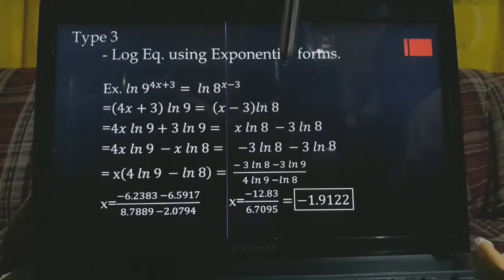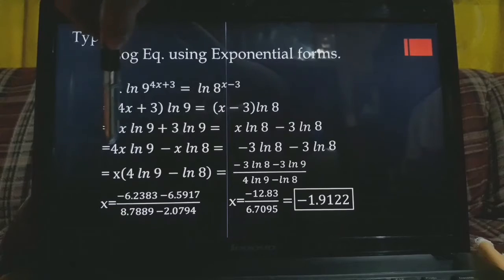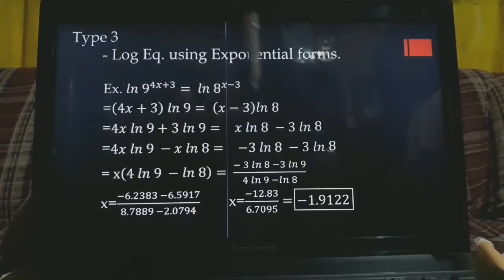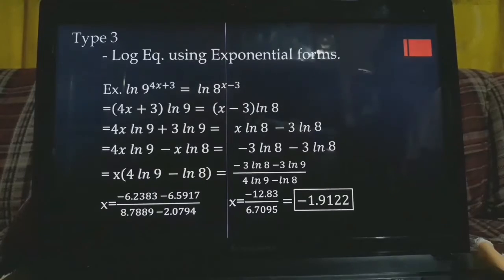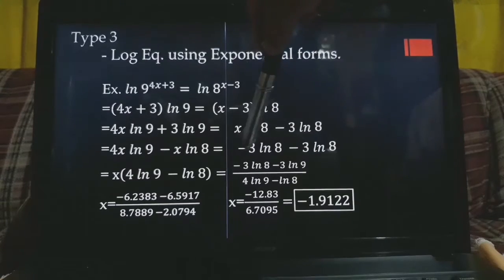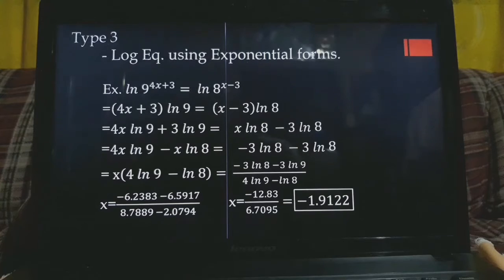And then combine those who have the same variable. For x natural log of 9, transpose this one, positive, it will become negative. Minus x natural log of 8 is equal to, transpose this one, positive, it will become negative. Negative 3 natural log of 8 minus 3 natural log of 9.